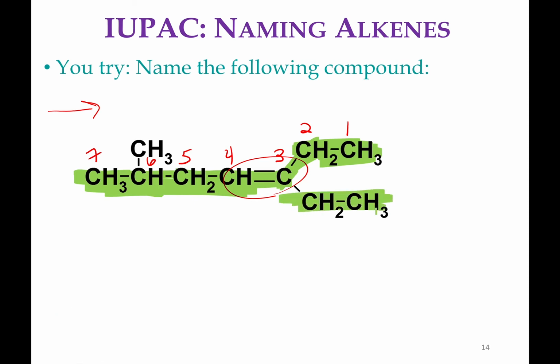I have an ethyl and I have a methyl. So I have heptene, and the double bond starts at 3, so I'm going to have 3-heptene. Ethyl comes before methyl, and then I'm going to number it. I'm going to have 6-ethyl, sorry, 3-ethyl, 6-methyl, 3-heptene.